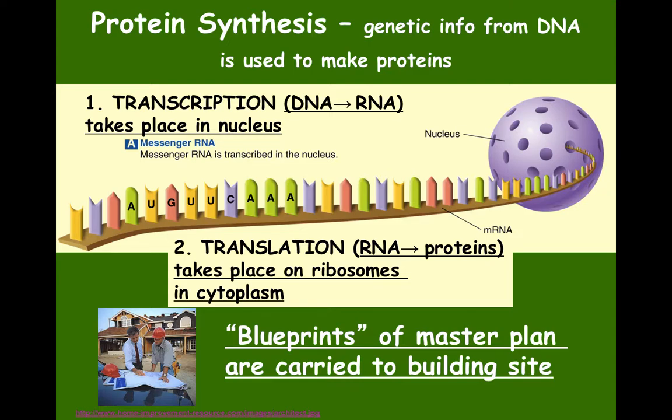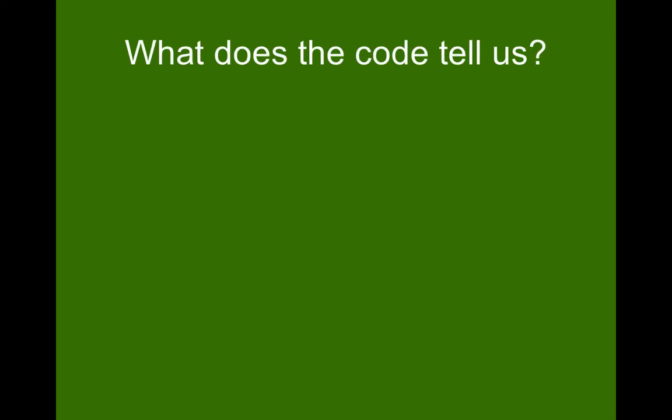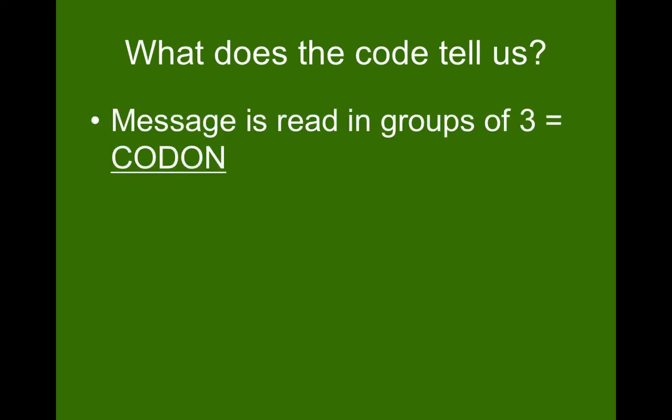Now, when we get to the ribosome, the ribosome has to be able to read that message. And the message is carried, like I said in the previous video, in what we call a codon. Every grouping of 3 bases is called a codon.